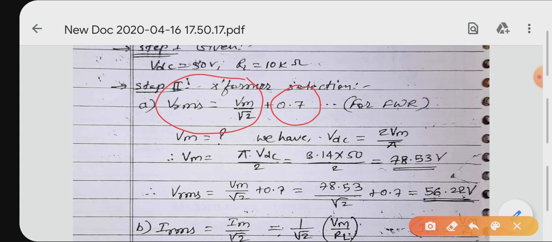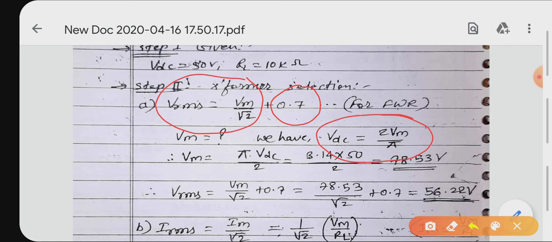If you are using bridge rectifier, it should be 0.7 plus 0.7, as there are two diodes conducting at a time. Accordingly, you can calculate the value of VRMS. But what is Vm? You have another formula for full wave rectifier, in which VDC is equal to 2 Vm by pi. So you can calculate Vm.